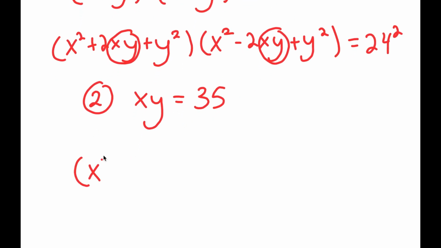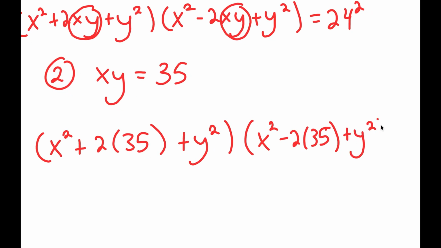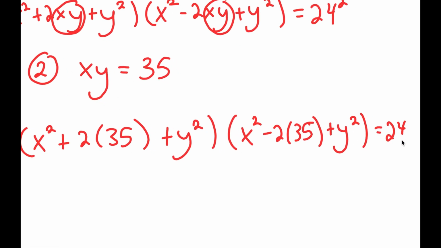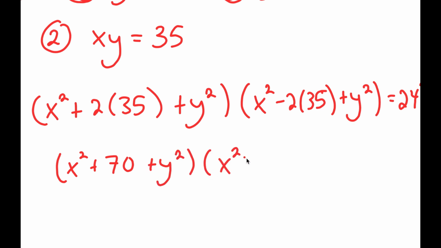So now I get x squared plus 2 times 35 plus y squared times x squared minus 2 times 35 plus y squared is equal to 24 squared. And this turned into x squared plus 70 plus y squared times x squared minus 70 plus y squared. And this is equal to 24 squared.